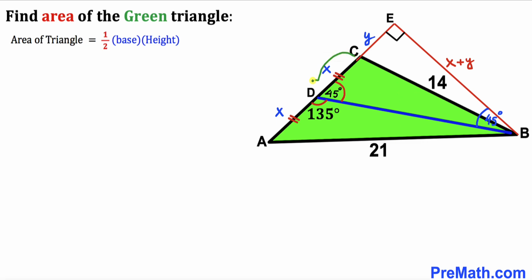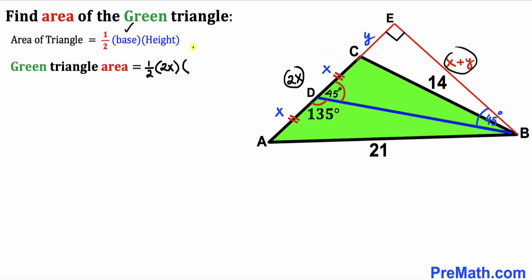In our case, the base of this green triangle is X plus X, which becomes 2 times X, and the height is X plus Y. So the area is 1 divided by 2 times 2X times X plus Y. The 2 and 1 divided by 2 cancel each other out, and if we distribute X, we get X square plus X times Y. Therefore, the area of this green triangle is equal to X square plus X times Y.